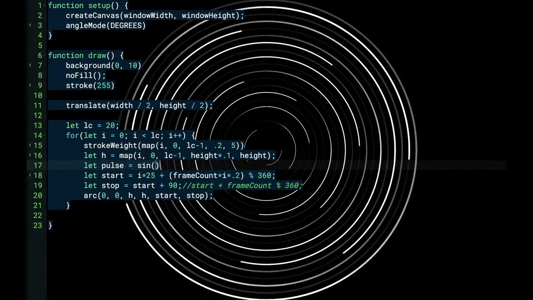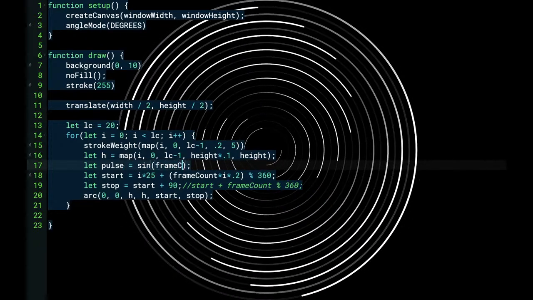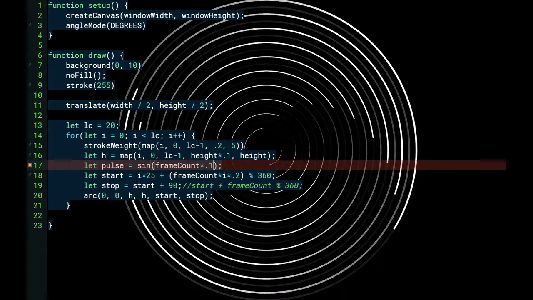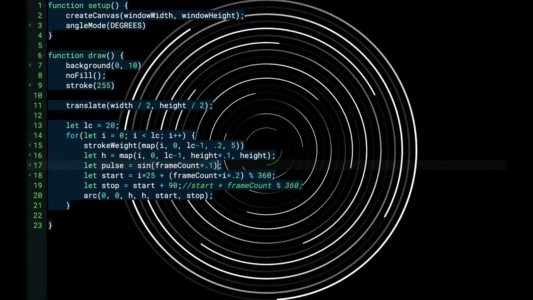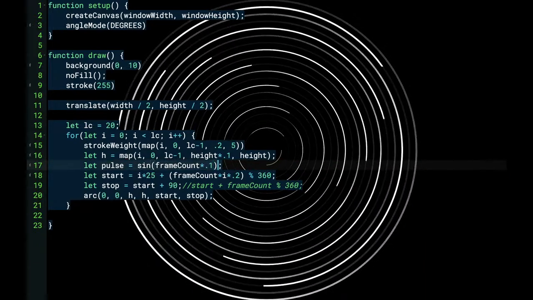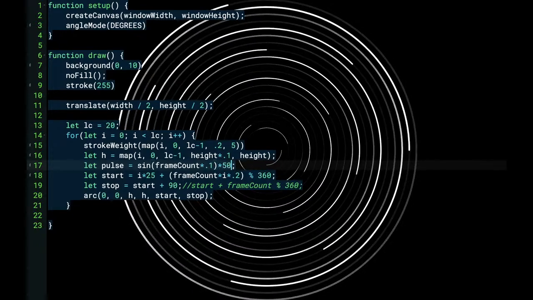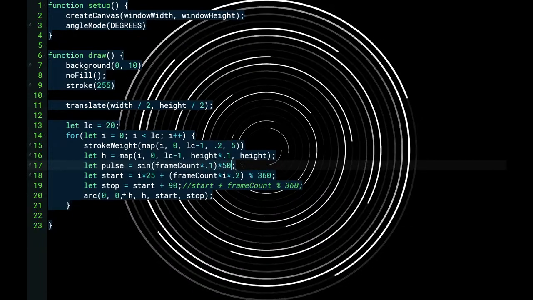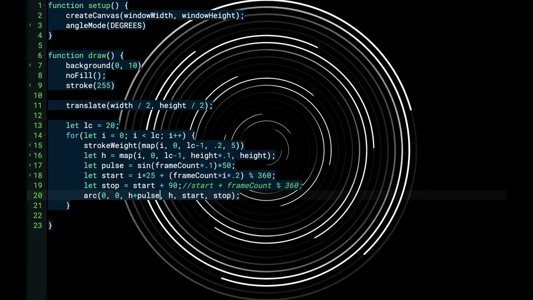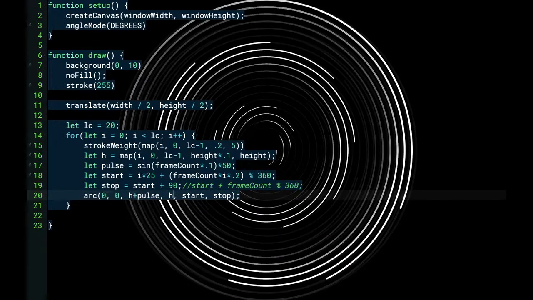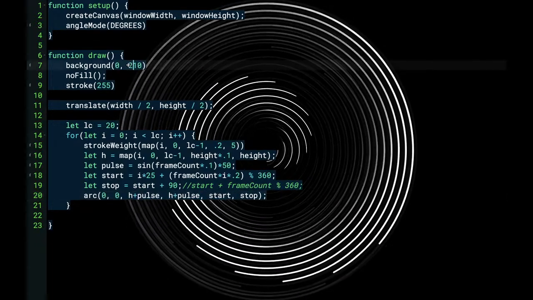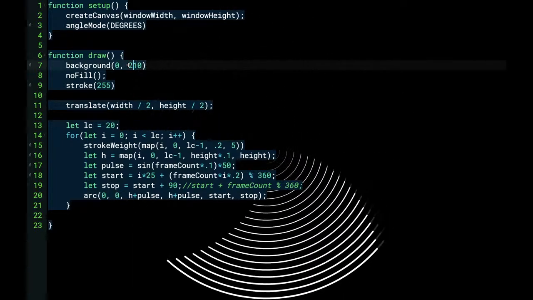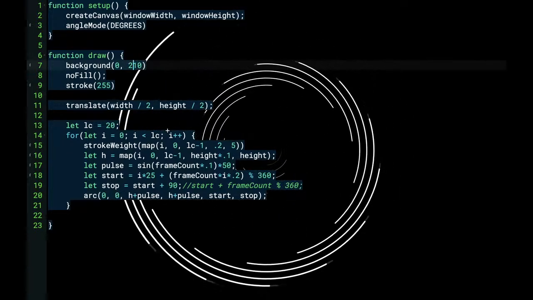Pulse equals a sine of frame count times. I have to remember I'm in angle mode, so all these frame count times have changed from what I'm normally playing with, but let's try this. And then let's just say plus pulse, and get rid of that, and I see nothing happening.